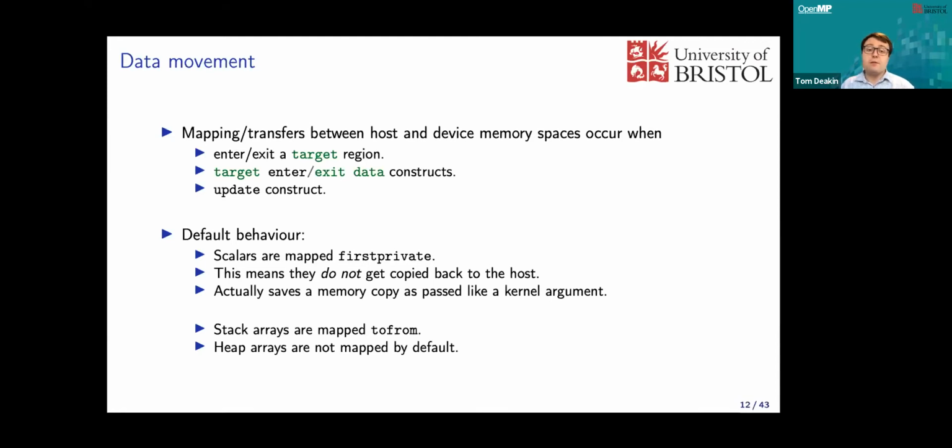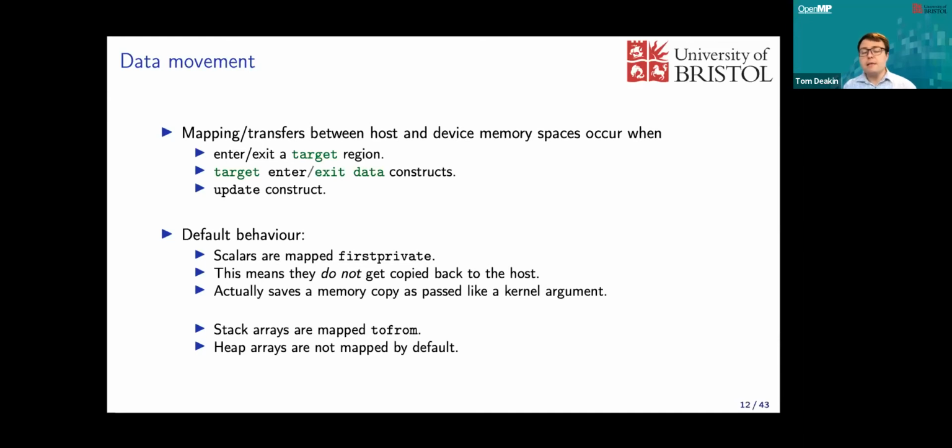But then when that target region ends, all those stack arrays are mapped from the device back to the host at the end of the target region. So scalars are going to be copied automatically. Stack arrays are going to be copied to and from automatically.